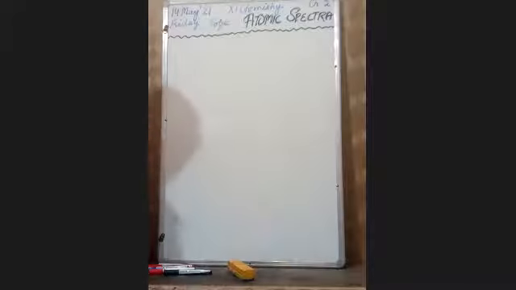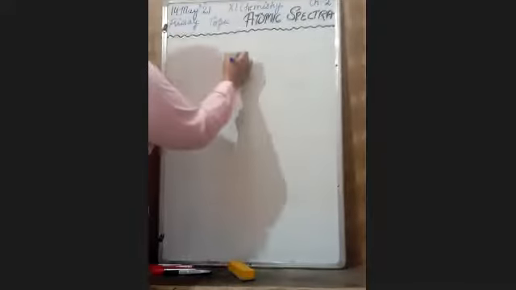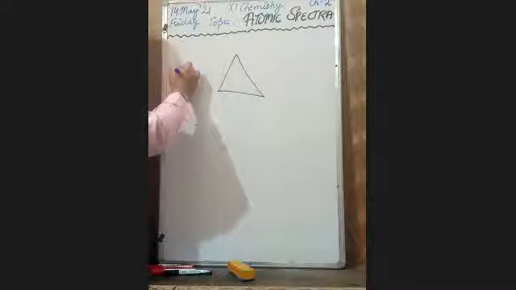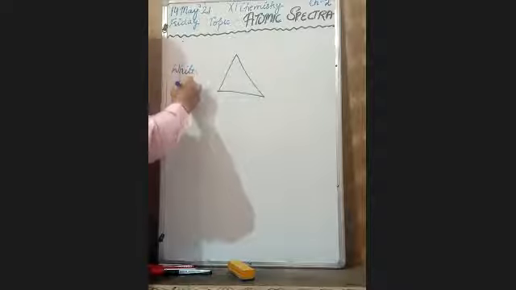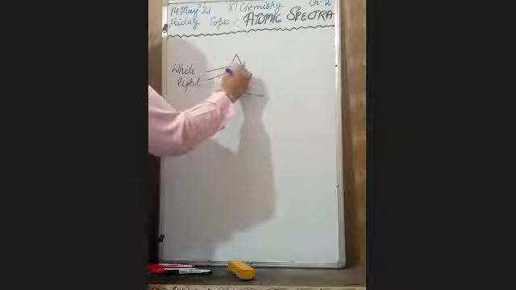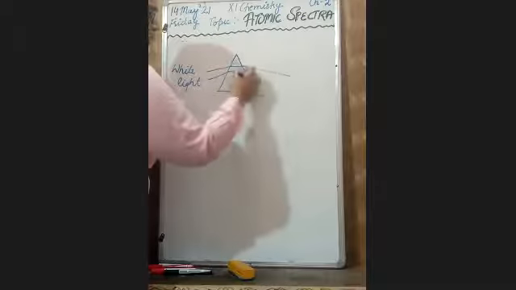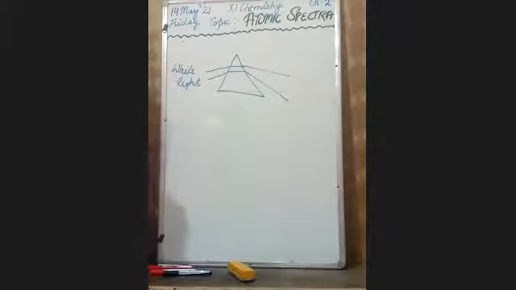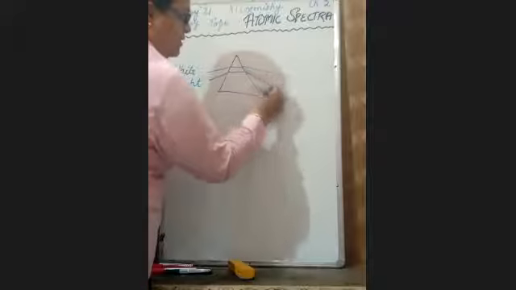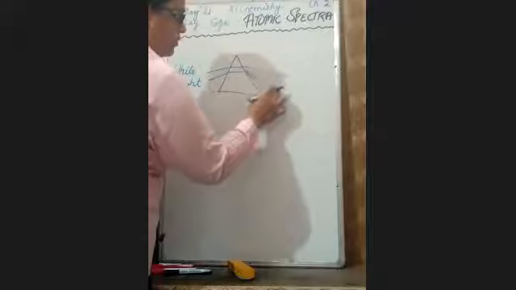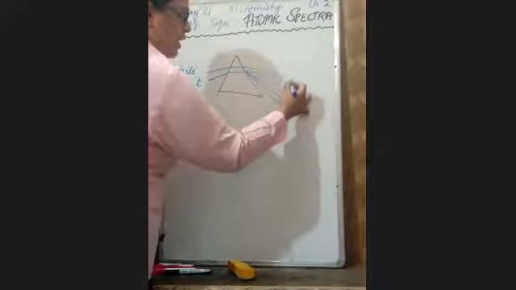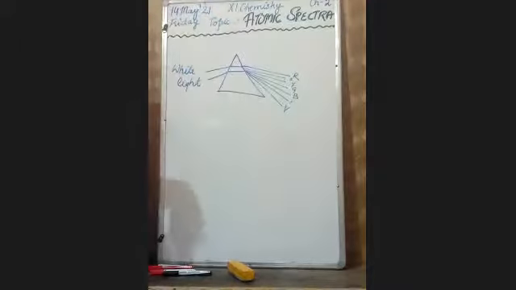When we pass white light over a prism, this is the prism. I am passing white light over the prism. Fine, dear students, it will pass through the prism and break down into 7 colors, which is VIBGYOR, the colors of the rainbow.